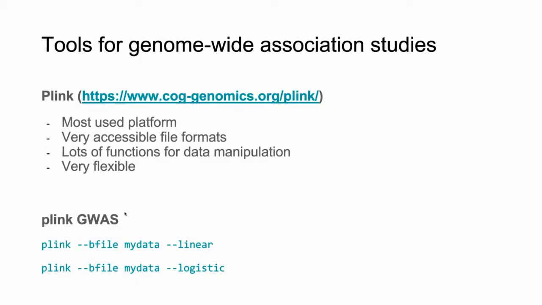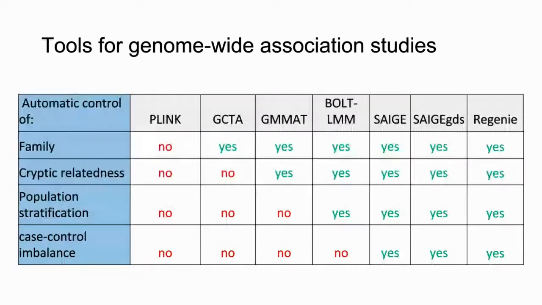For GWAS specifically, you have two main functions. That's linear for quantitative phenotypes and logistic for binary phenotypes. I think there are more, but these would be the main ones. I want to mention a little the rest of the tools, because of course there are many, but they are going to have just different approaches to most of the problems that we already mentioned.